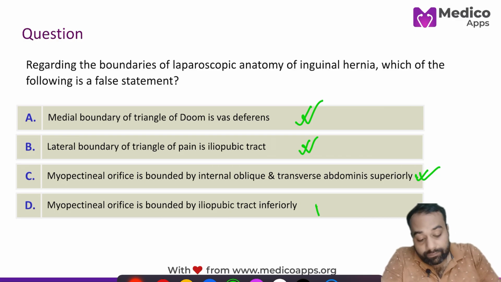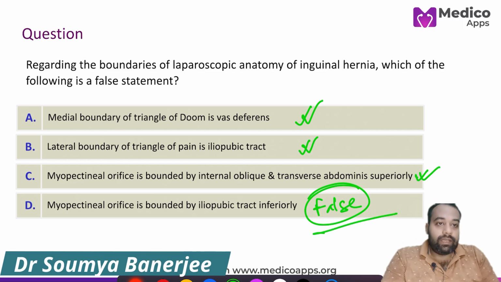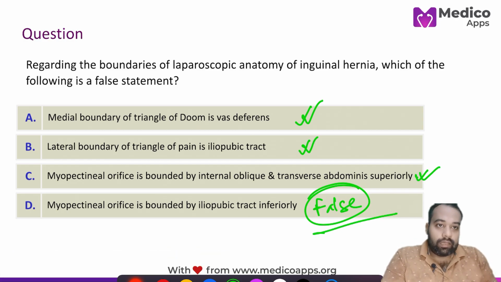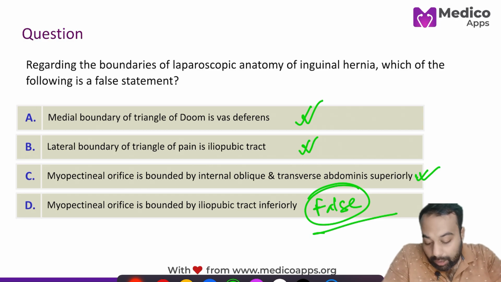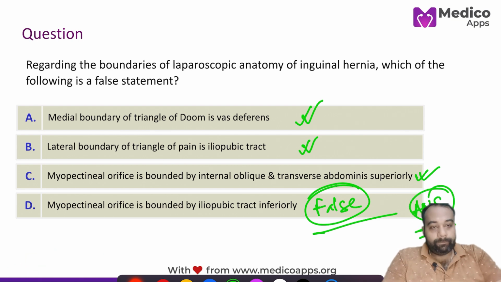So this is the false statement. Your iliopubic tract basically runs through somewhere in the middle of the myopectineal orifice. The inferior boundary is formed by the pectineal ligament, or the Cooper ligament. So this is your answer to this question.